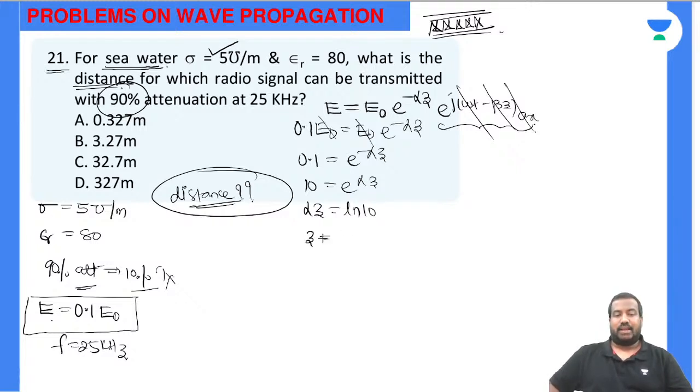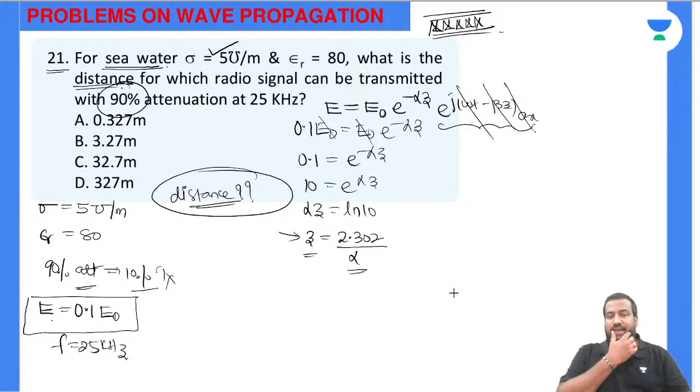Z is, I want the Z value, the distance. Z is 2.302 by alpha. Now if you are able to find alpha, your answer is done. But the trick lies in how to find this alpha. Alpha value is sigma by 2 into under root of mu by epsilon.